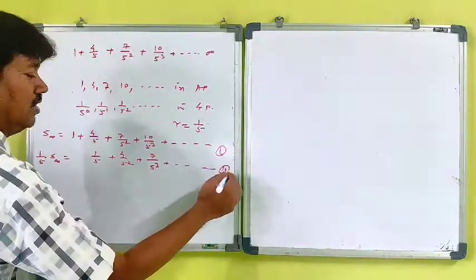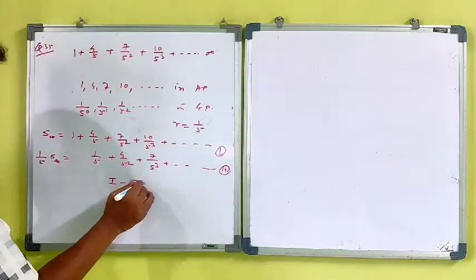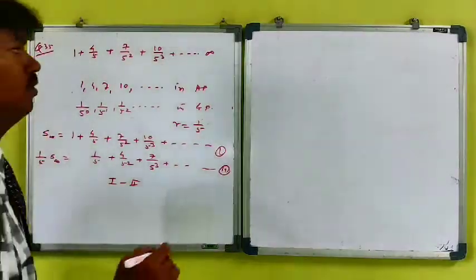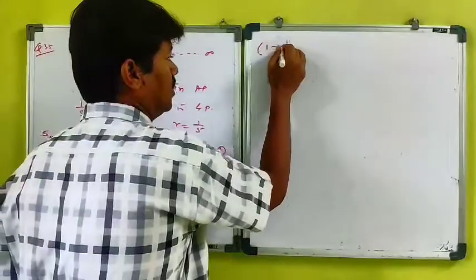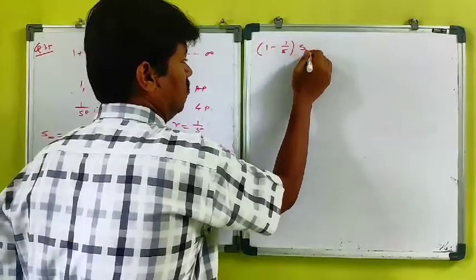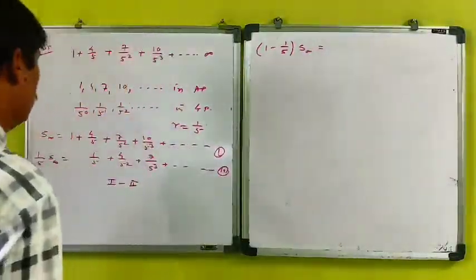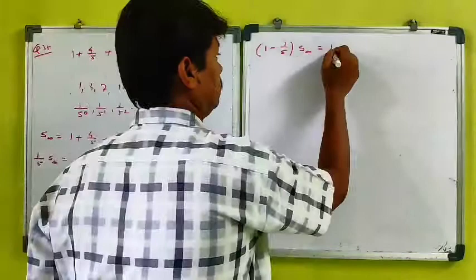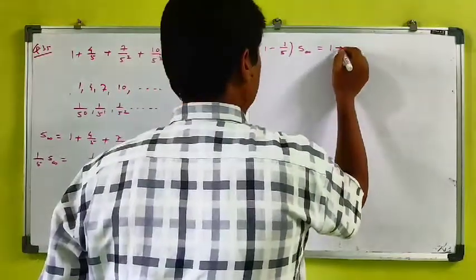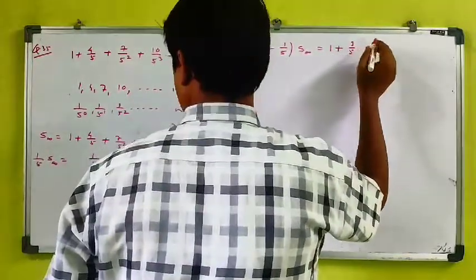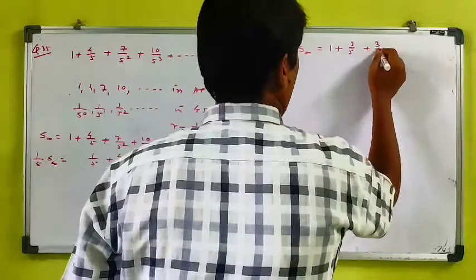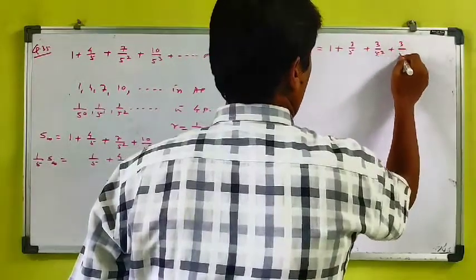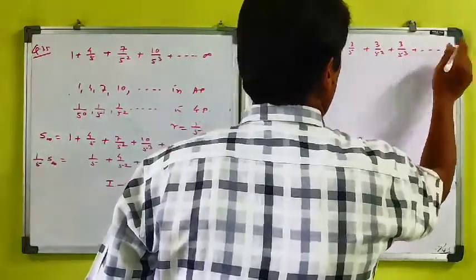Then subtracting, 1 minus 1 upon 5 into S infinity is equal to 1, then 4 minus 1, so it is 3 upon 5, then 3 upon 5 square, 3 upon 5 cube, up to infinity.